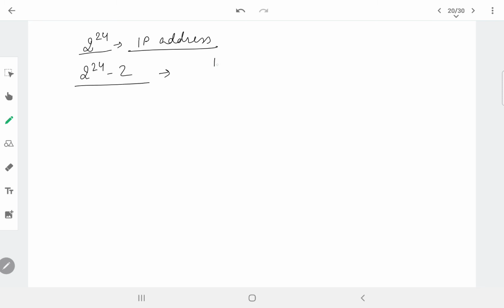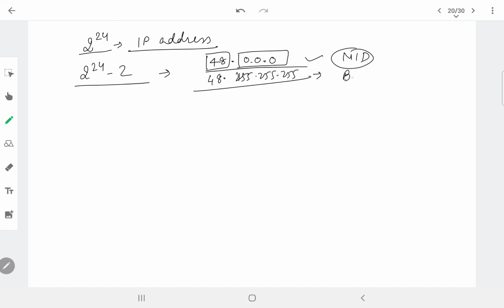Because the first address of any network, the one with all zeros in the host ID part, is assigned as the network ID. But when we put all ones in the host ID part, that becomes its directed broadcast address. So these two IP addresses are reserved for the network ID and the directed broadcast address.